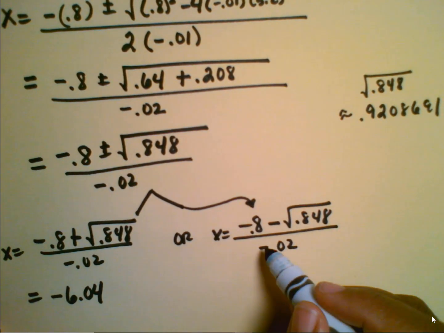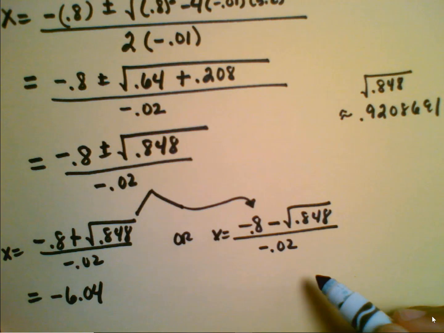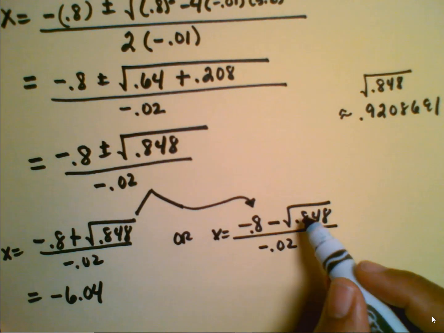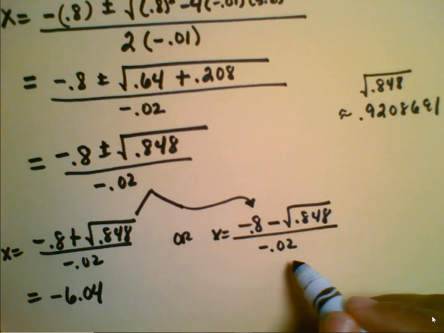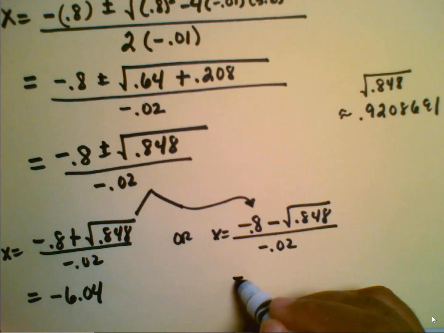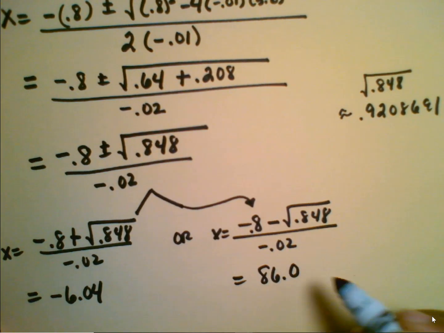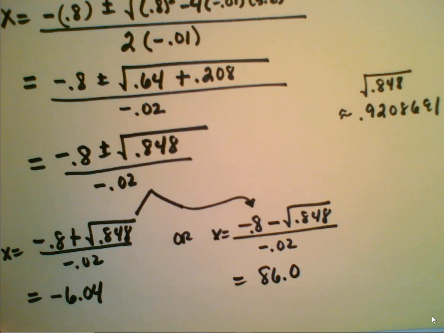Okay, and then our second equation, negative 0.8 minus the square root of 0.848 all over negative 0.02, which gives us 86.0.